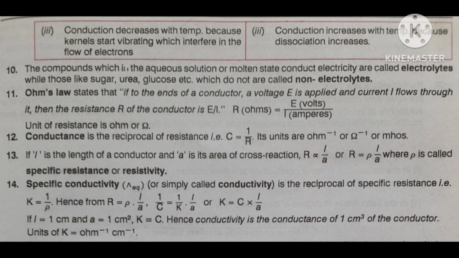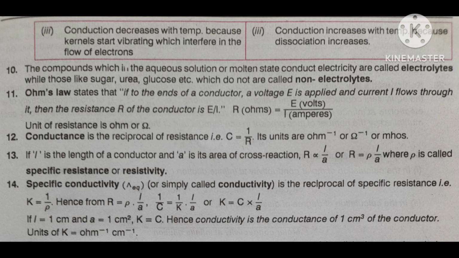Resistance is equal to potential difference divided by current, correct? And its unit is ohm, denoted by the symbol ohm.